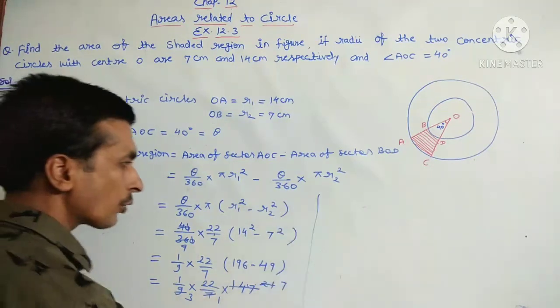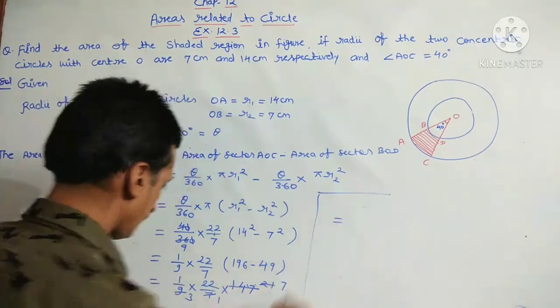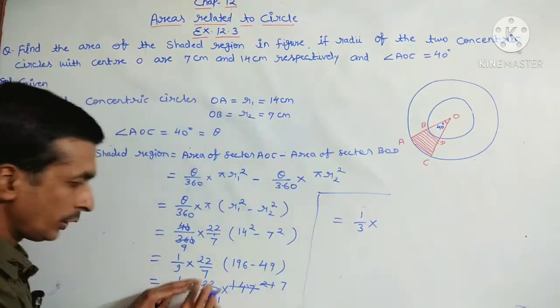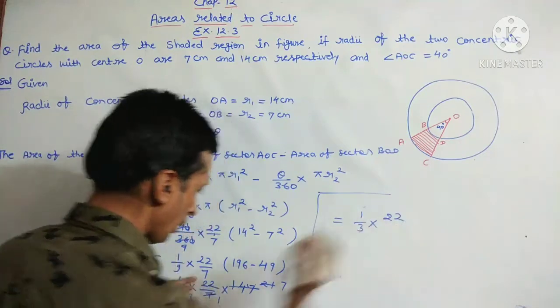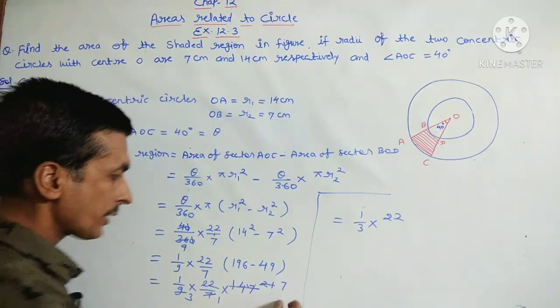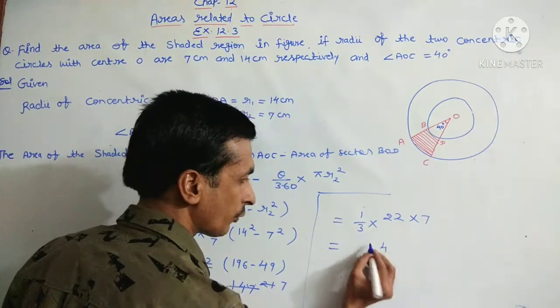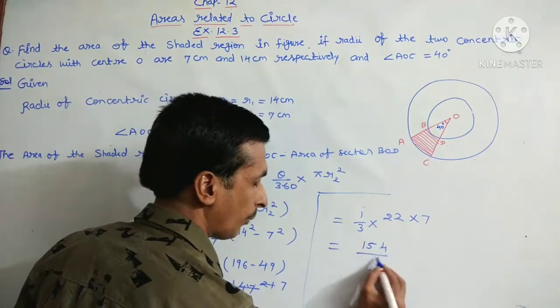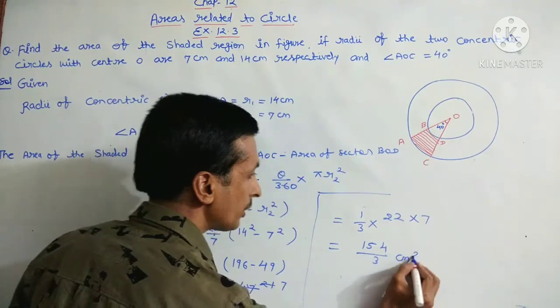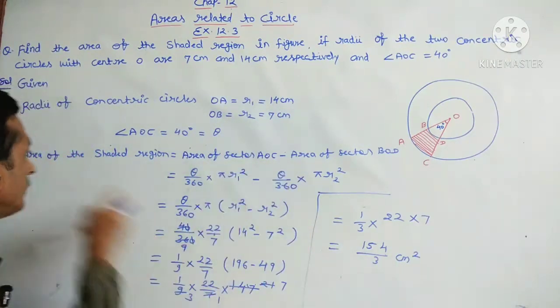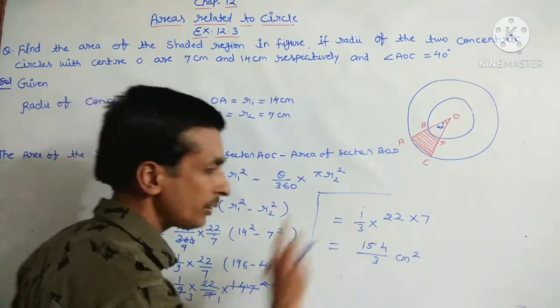So the remaining portion is 1 upon 3 times 22 times 7, which is 154 upon 3 centimeter square, because the unit is centimeter and we have to find the area, so it is centimeter square.